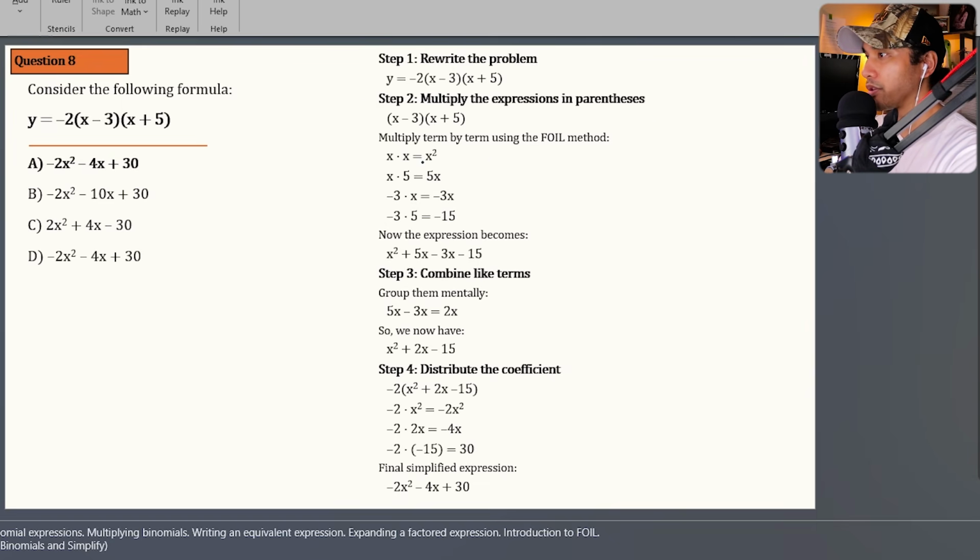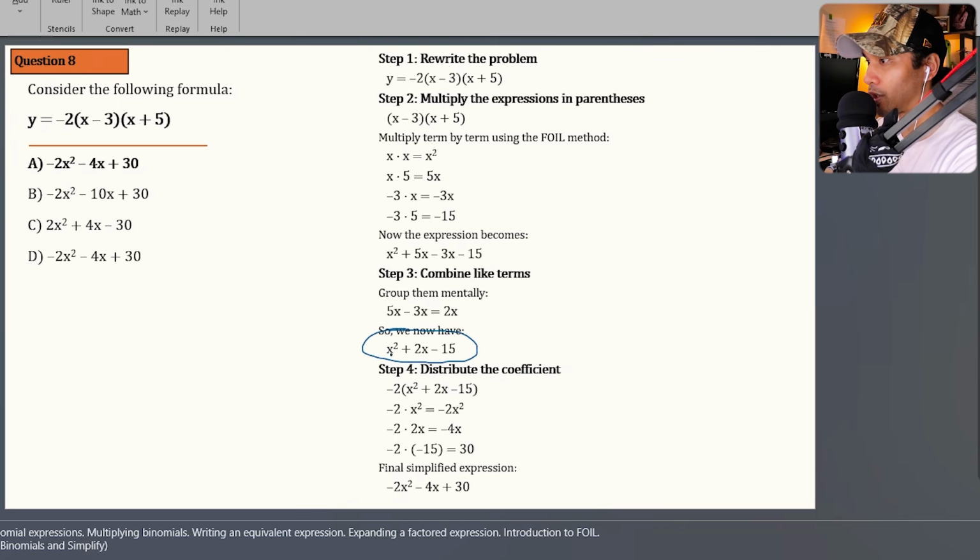So here they do the FOIL method in the very beginning, right? They didn't distribute first. They do the FOIL method, and then they get x squared plus 5x minus 3x minus 15. And then once you FOIL, you have this x squared plus 2x minus 15. And then they distribute the coefficient, which is negative 2.